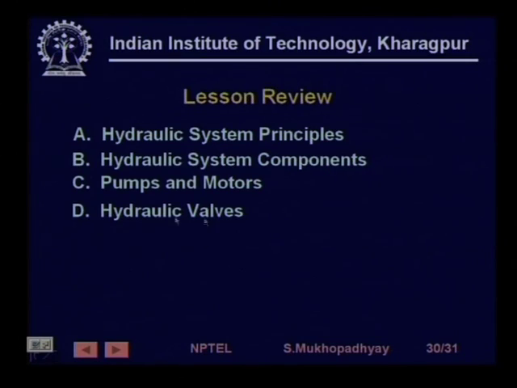We need various kinds of valves, and among the valves there are some valves which control the direction of flow, and there are some valves which control the pressure and the flow. So, we will continue with this. We have seen pumps and motors, and we have seen part of the valves, some bits are left, and finally, we will see the cylinders in the next lecture.